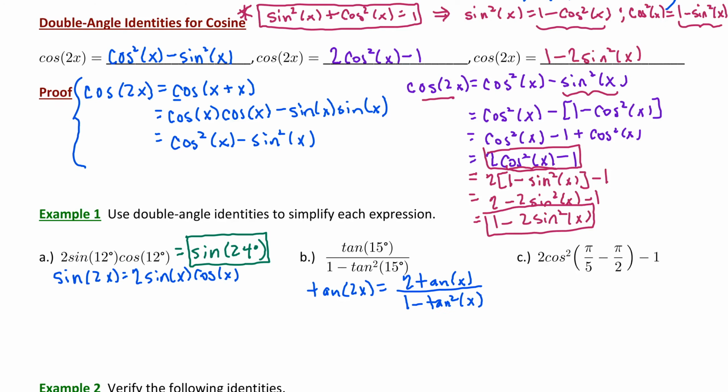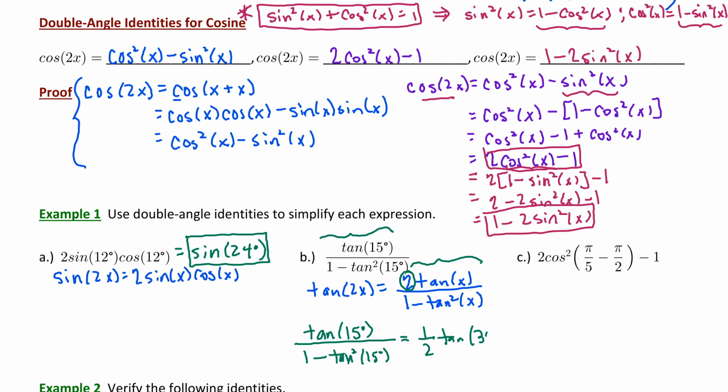Now the given expression is really close to the right side of our identity, but did you notice it's missing a 2? So we could say that tangent of 15 degrees over 1 minus tangent squared of 15 degrees is 1/2 tangent of 2 times 15 degrees, or 30 degrees.